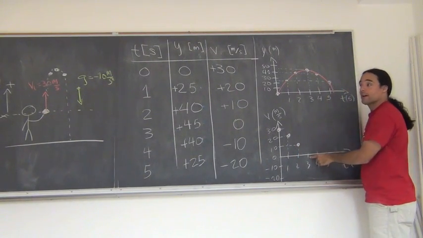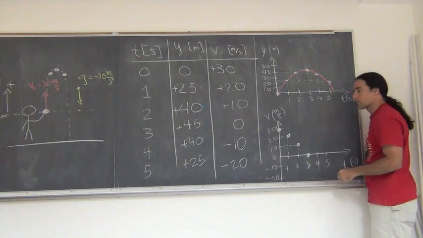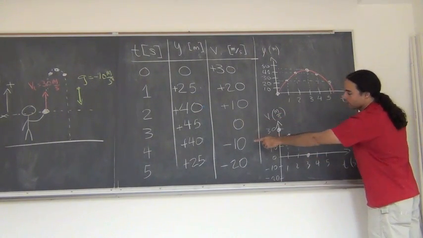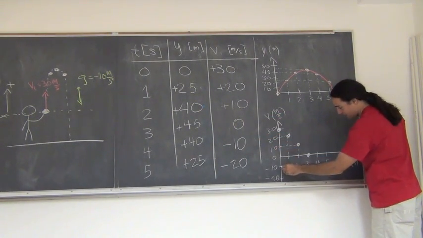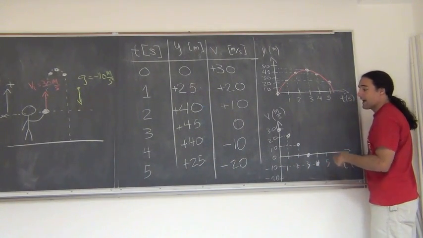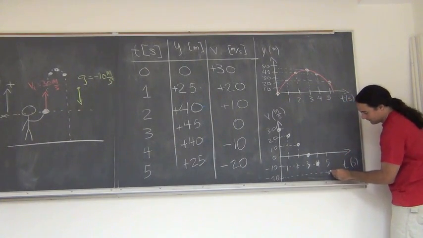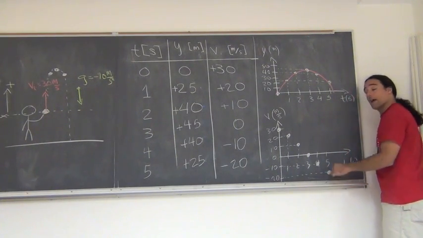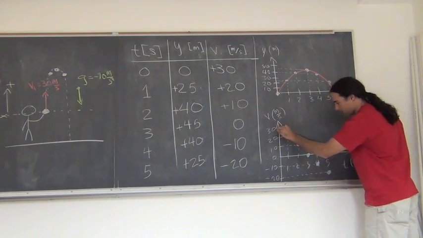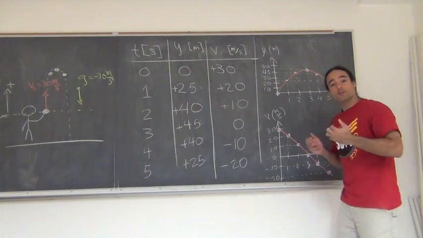At 3 seconds, we're moving at a speed of 0 meters per second. At 4 seconds, we're moving at a speed of negative 10 meters per second. And at 5 seconds, we're moving at a speed of negative 20 meters per second. So this also makes a nice curve. In fact, there's not much of a curve to it at all, it's just a straight line.